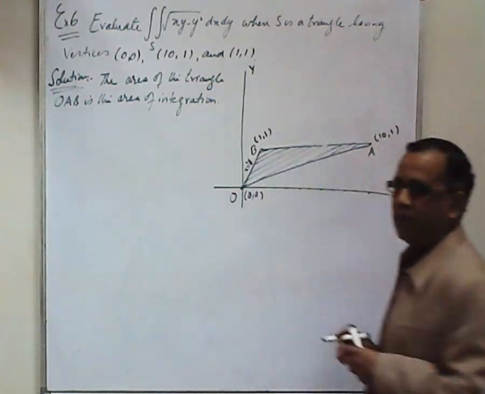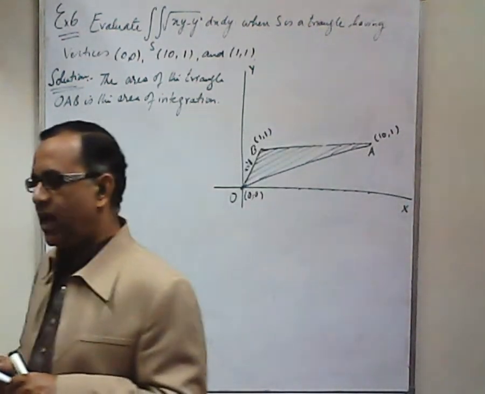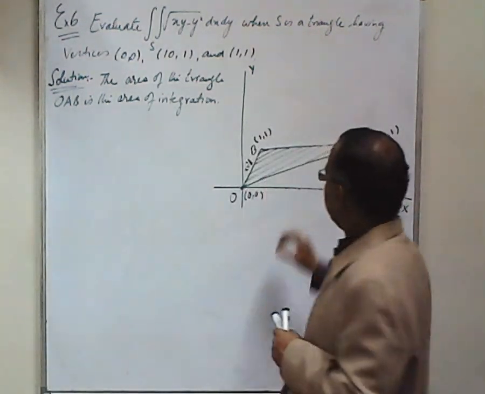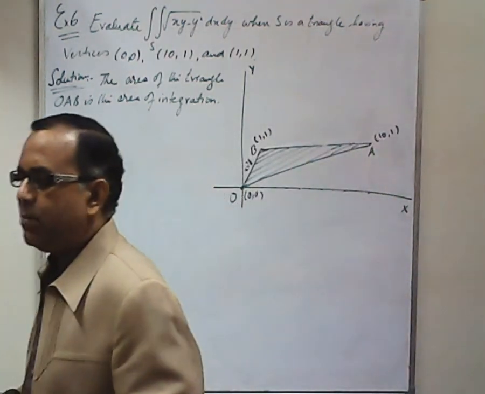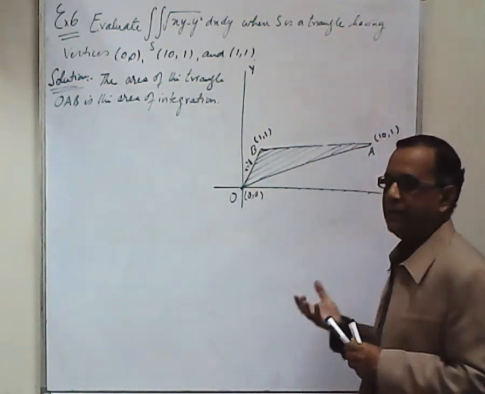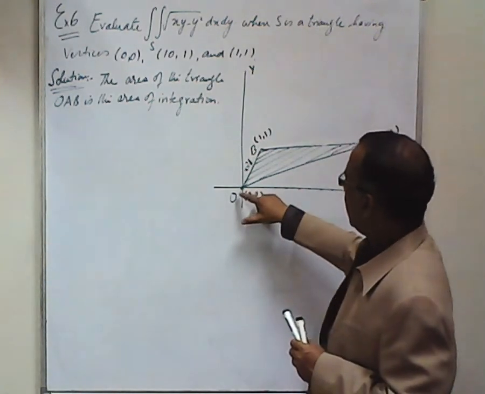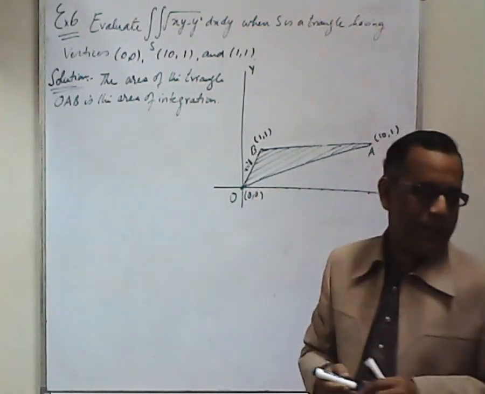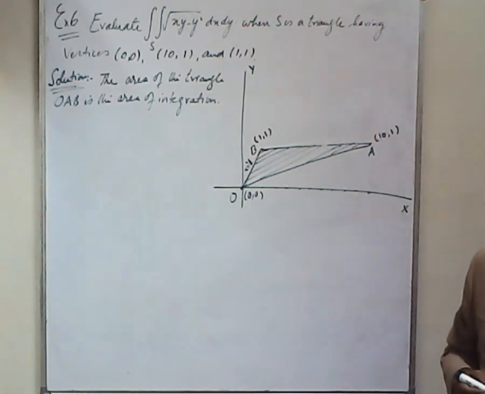It is very easy to find the equations of these lines, because if we have 2 points of any line, then by using the 2-point form we can easily find the equation of the line. So if we use the 2-point form between O and B, you can easily find the equation of the line.